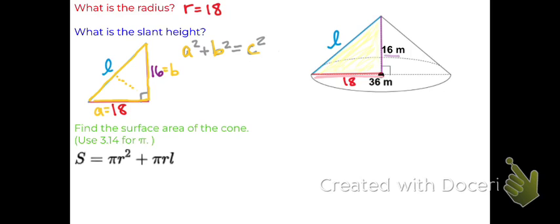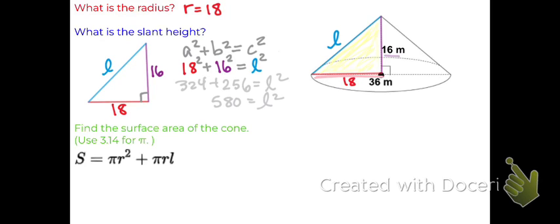So let's substitute those numbers into the formula. Now, in order to solve for L, we first need to simplify both sides. On the left side, we can put in our calculator and see what 18 squared is. It's 324. And what 16 squared is. It's 256. Now let's add the left side.